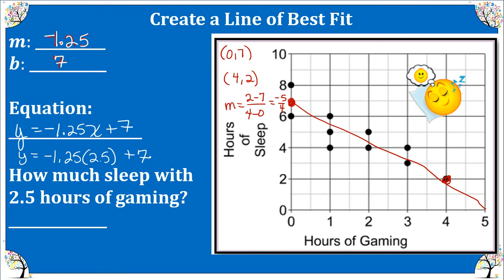So I'm going to say negative 1.25 times 2.5, then plus the 7 gives us about 3.875 hours of sleep. And if we look on the graph, 2.5, and then I go up, and it should be about 3 point something, and yes, so that hits exactly right here.